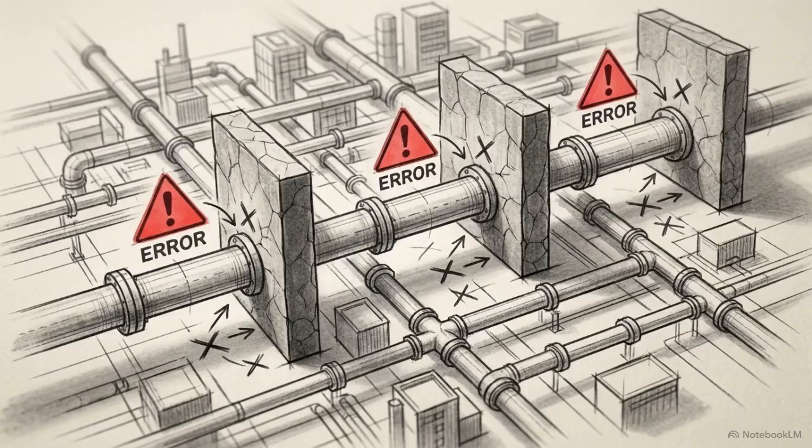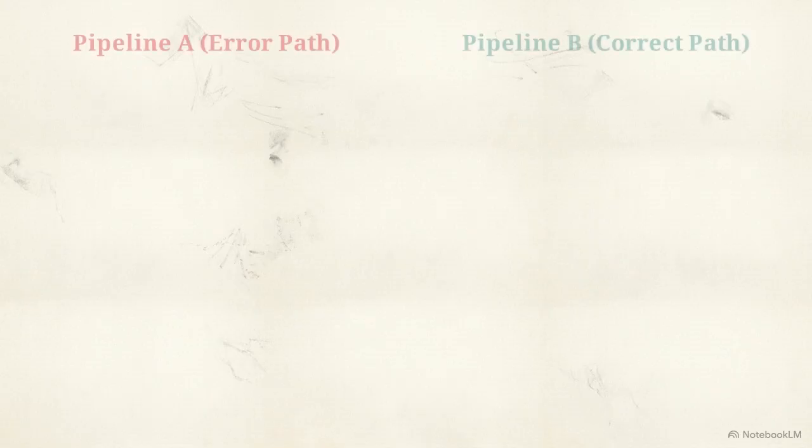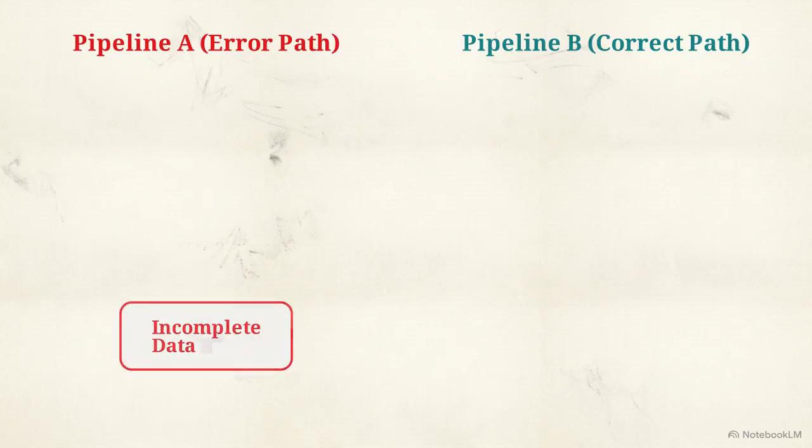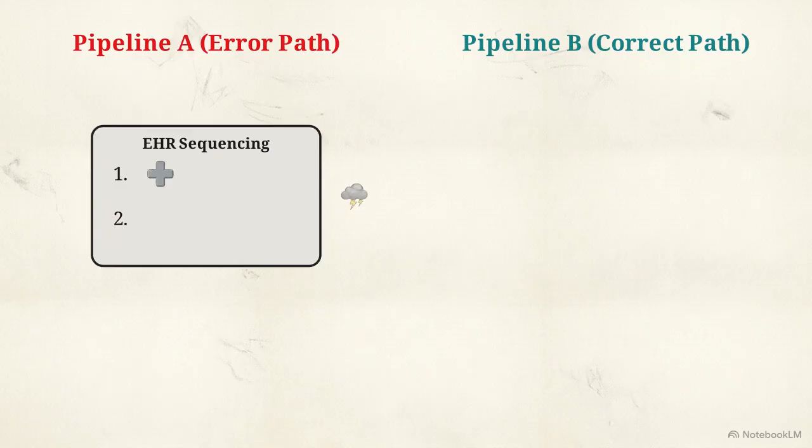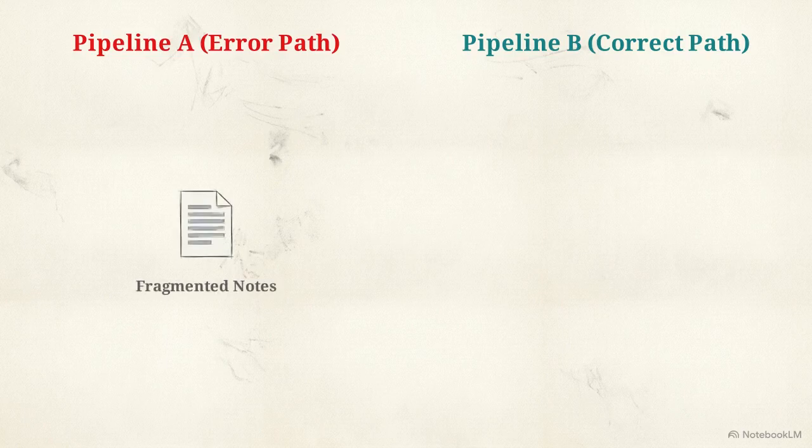When coders fail to adhere to guideline B.19.d, it triggers systemic failures across the healthcare network. The first error is omitting Z codes. In pipeline A, a lone diagnosis code hits a dead end. The second error is incorrect sequencing. Forcing a Z code into the principal position creates a logic conflict. The system rejects it.